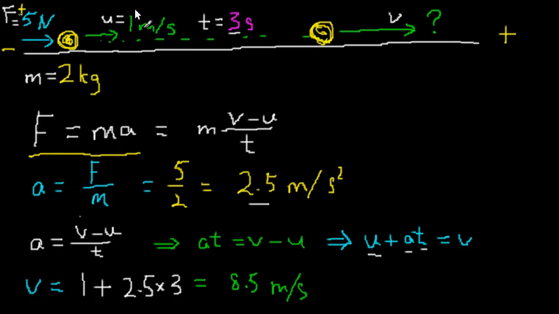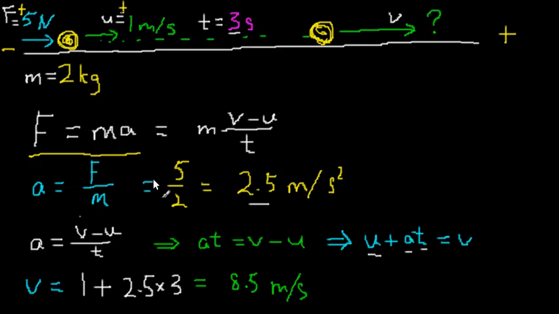Initial velocity u is pointing to the right, so it's plus 1. V, we don't know yet, we'll find out. t is not a vector, it's a scalar, so no signs, or rather no directions. Mass has no direction, so we don't have to put in a sign. So so far we have signs just for F and u.